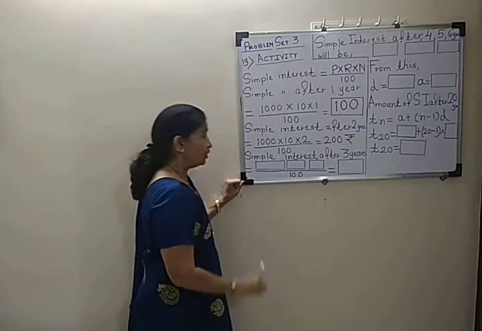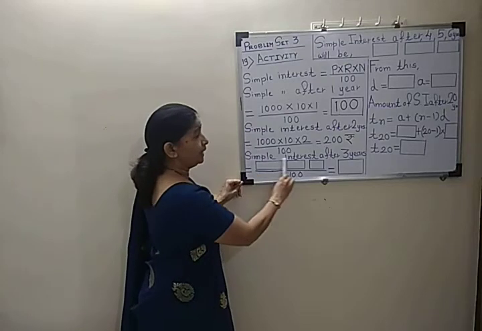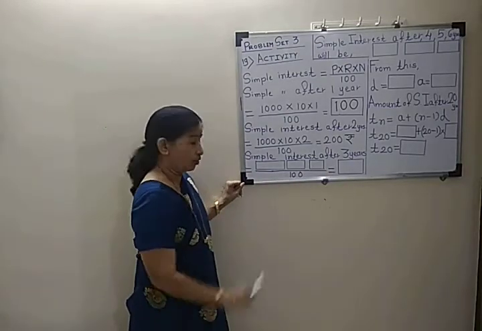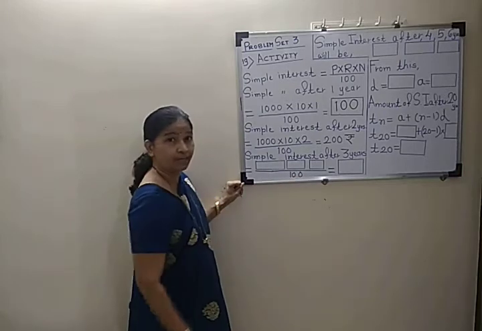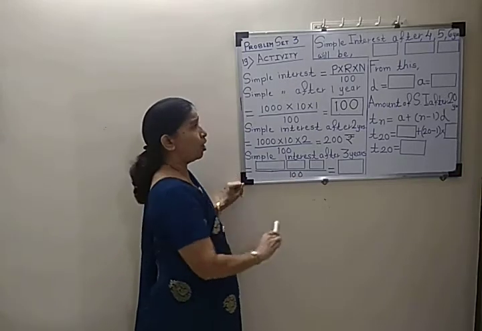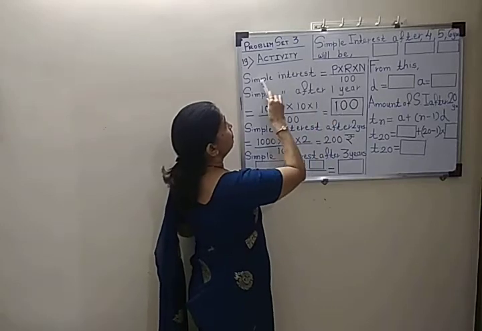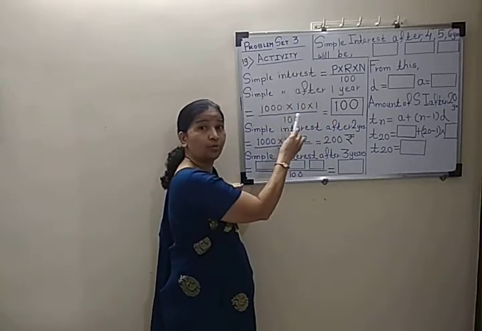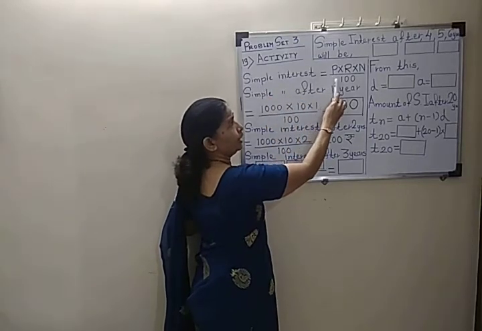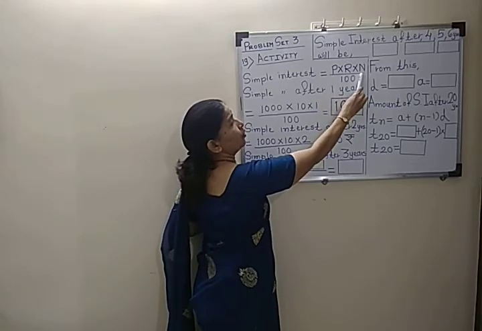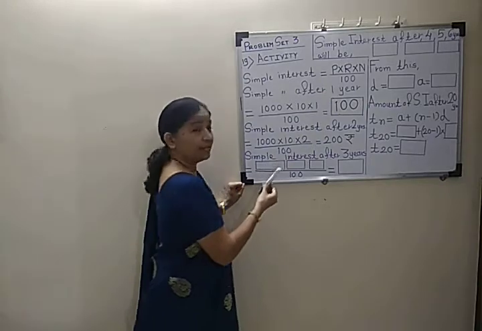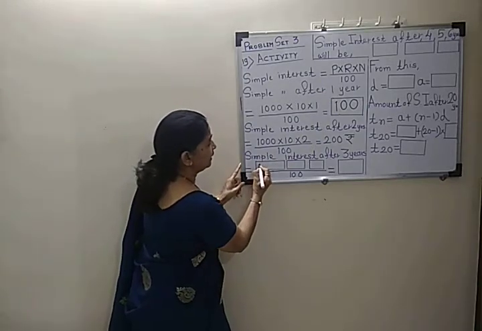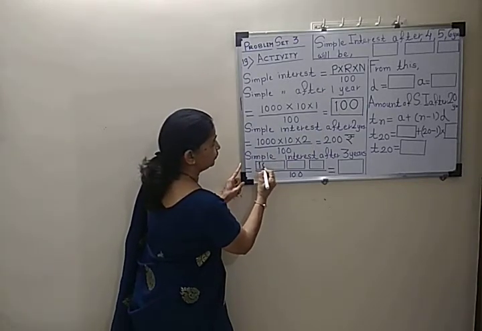Okay. Now simple interest after 3 years, what will it be? We have to fulfill this activity. So our formula is simple interest is equal to P into R into N upon 100. So in place of P, may I write here 1000, students?